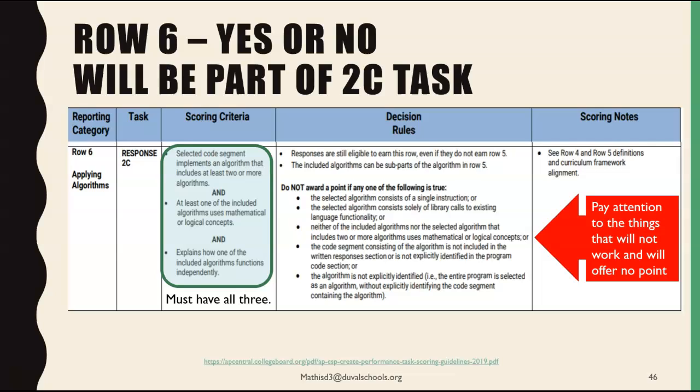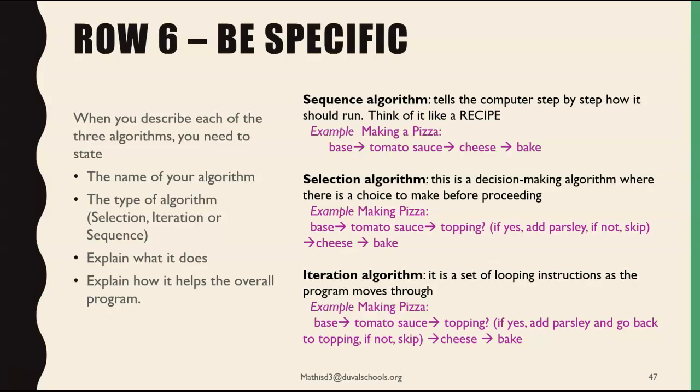So there's where that child and parent thing comes in. Now, when you go and select your code, you need to know what kind of function you are using. So I want you to be specific. In row 6, be specific as much as possible.